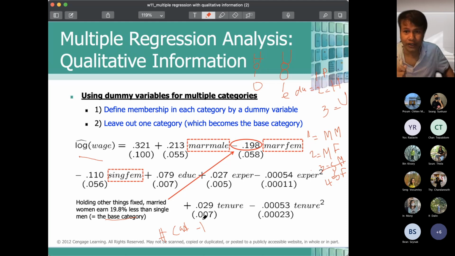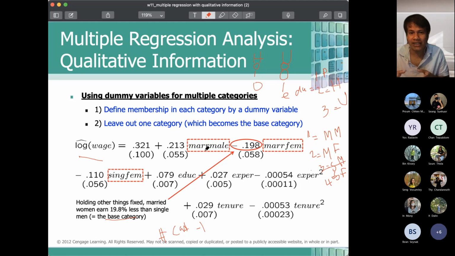This is a good question. This is a little bit confusing, but here you only look at the variable that is specified. For instance, if you ask me what is my status, I say I am married male. So my married male will be equal to 1, but married female will be equal to 0. Single female will be equal to 0 as well. So you only look at the variable of your interest, and only if it meets that status, it equals 1, otherwise 0.